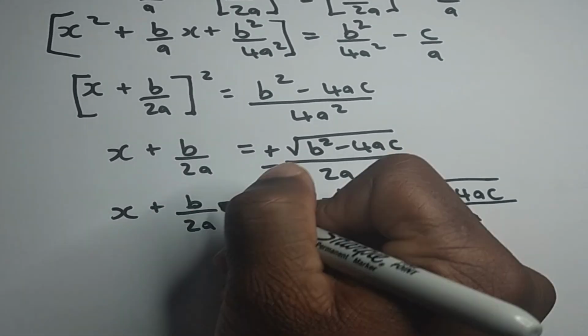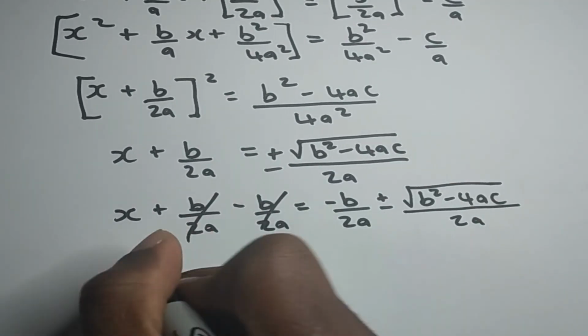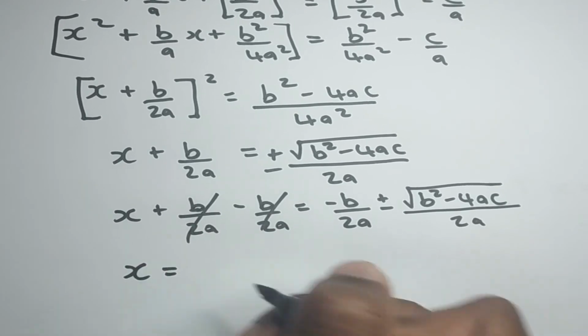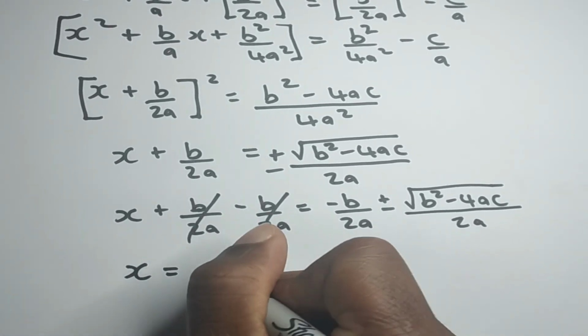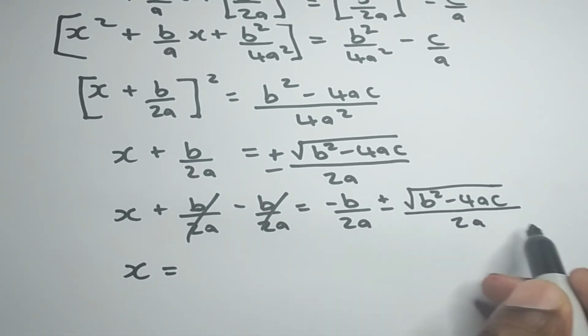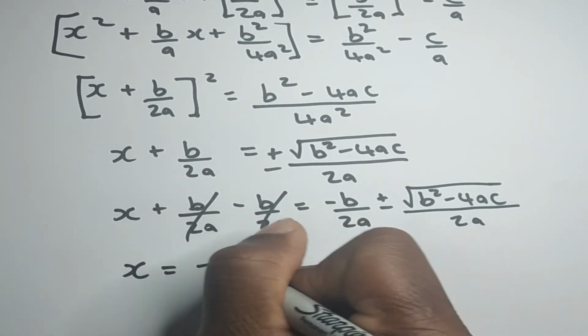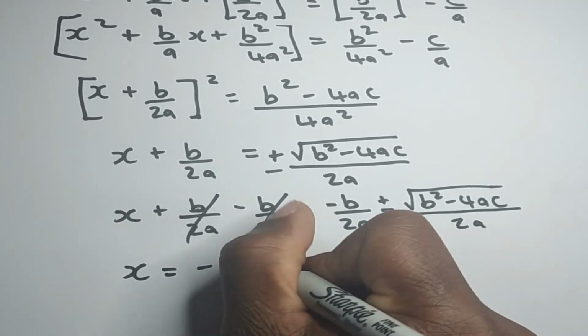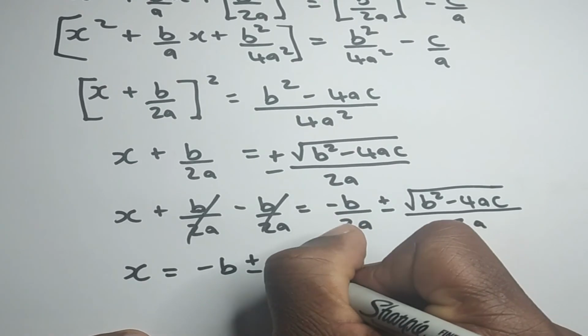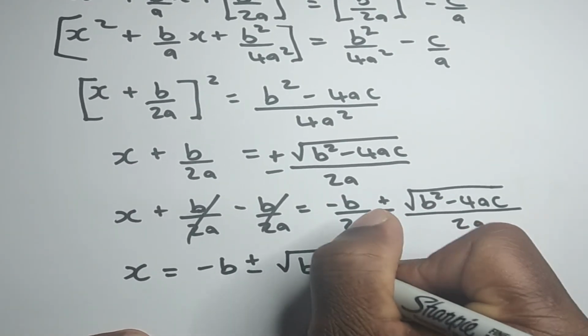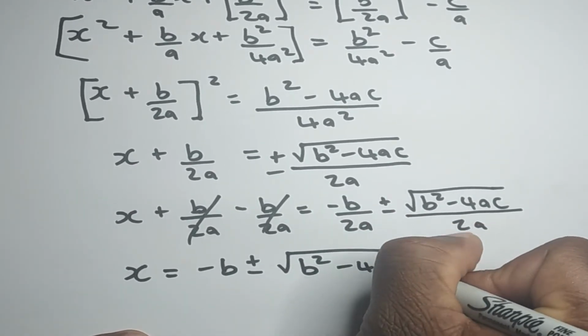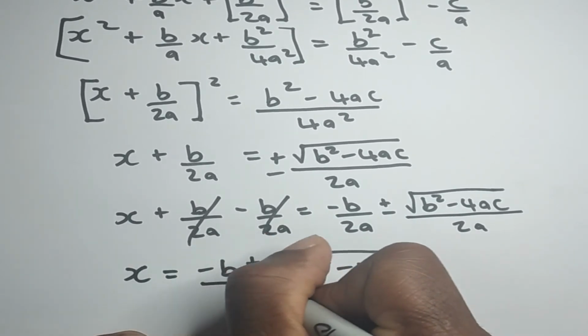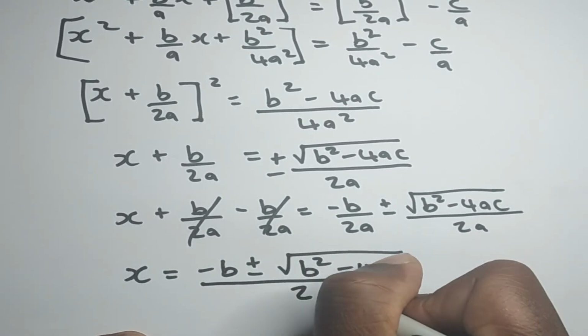This cancels that, and we're left with x is equal to, and remember we have a common denominator, so we can make this one fraction. So we have minus b plus or minus the square root of b squared minus 4ac all over 2a.